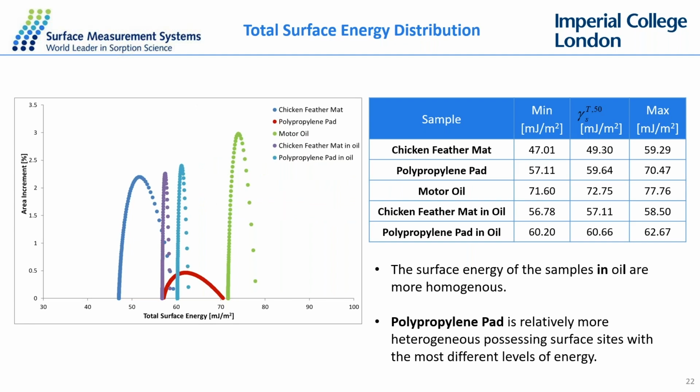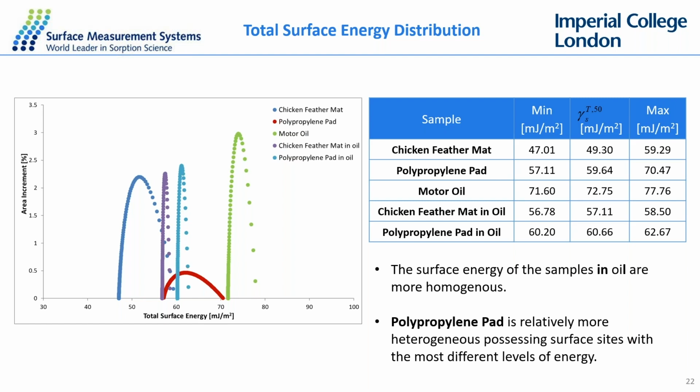For the total surface energy distribution, we did a point-by-point integration of the surface energy profiles. We did this to be able to represent the heterogeneity of the samples in a more illustrative manner, because the graphic picture makes it very easy to see and understand.